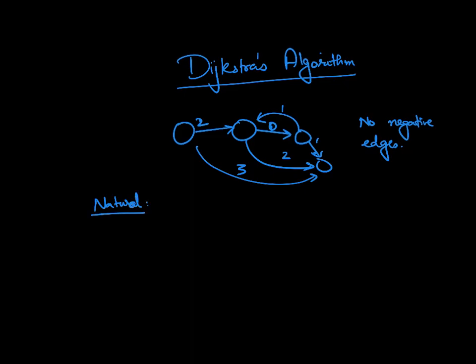This is very natural in some situations. What are these situations? It's natural when edges are physical quantities like distances, time, queue size, and so on, which can only take non-negative values.